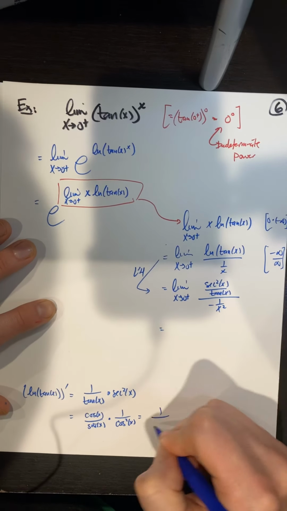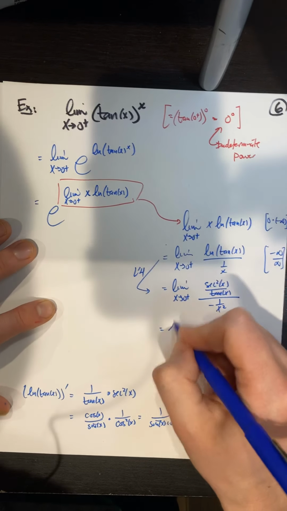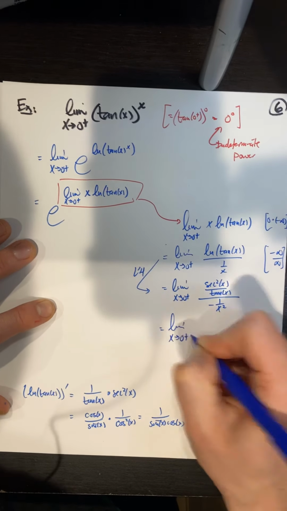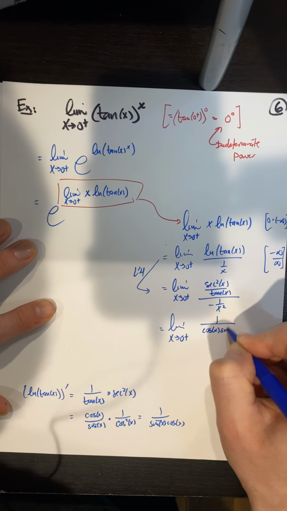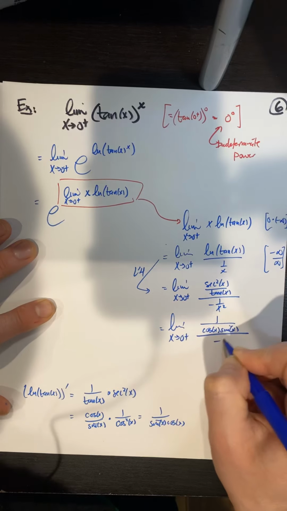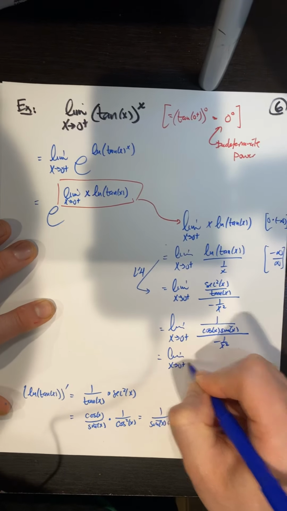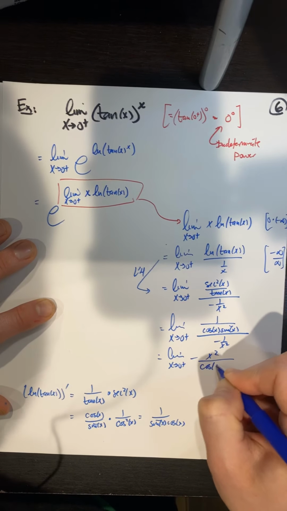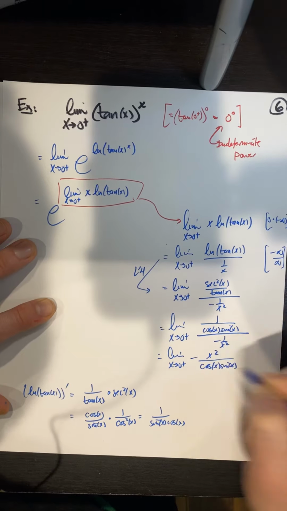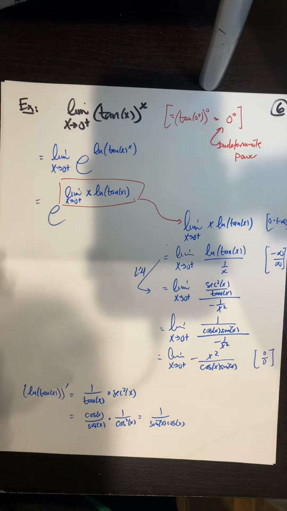So really I have 1 over sine of x, cosine of x, all over negative 1 over x squared. So writing this in a different way, I can bring the x squared up. So I have negative x squared over cosine of x, sine of x. Which if I plug this in, I get 0 over 0 again. Ugh.